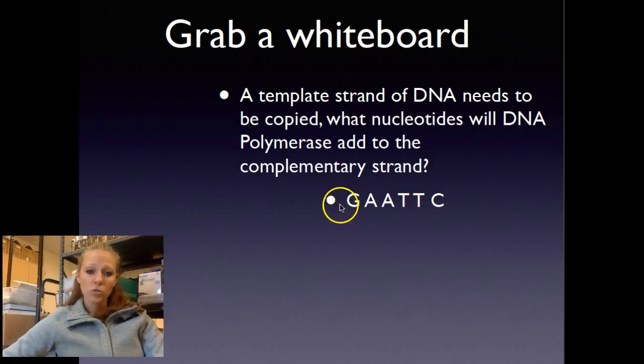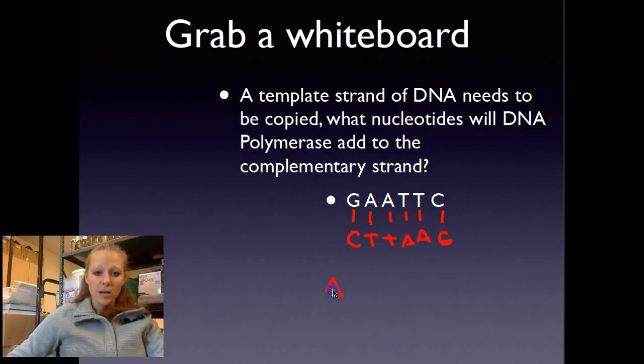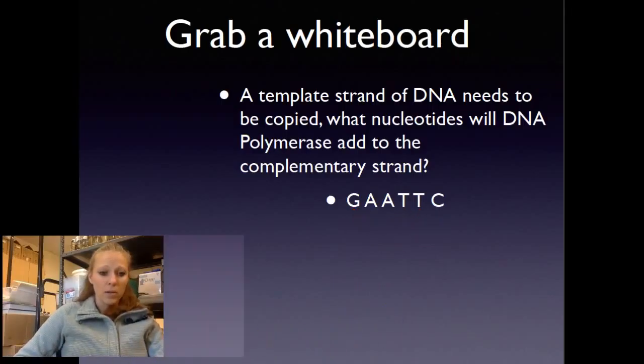If we have a strand of DNA and the strand says GATTC, DNA polymerase is going to match a C, a T, a T, an A, and a G. So remember that A always matches with T and C always matches with G. Let's go to the next page.